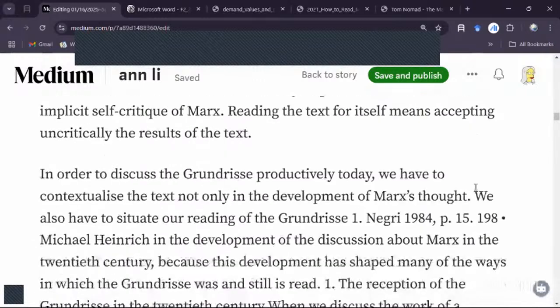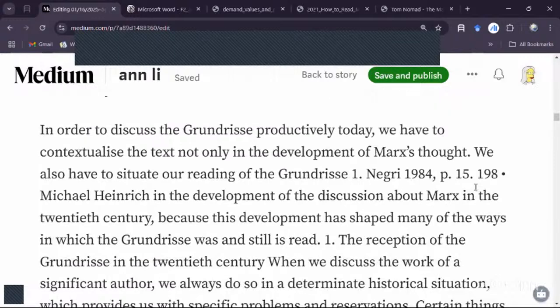In order to discuss the Grundrisse productively today, we have to contextualize the text, not only in the development of Marx's thought, we also have to situate our reading of the Grundrisse as Negri's 1984 version, anyway, in the development of the discussion about Marx in the 20th century, because this development has shaped many of the ways in which the Grundrisse was and still is read.